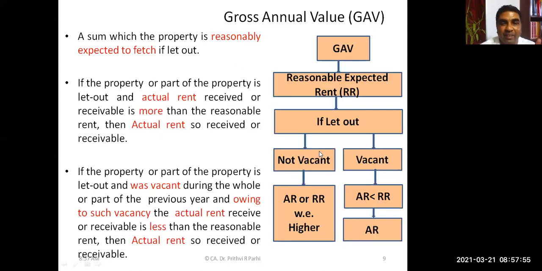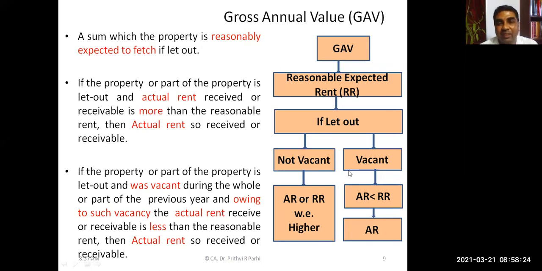And this thing also I told you, that how to arrive at the gross annual value. We need to know what is the reasonable expected rent, or you can say expected rent. And if the property is not vacant, and for that reason actual rent is lower than the reasonable rent, then it is the actual rent which will be treated as gross annual value.